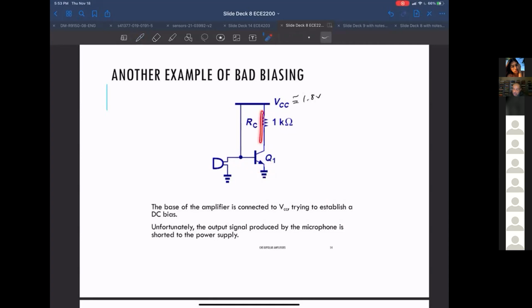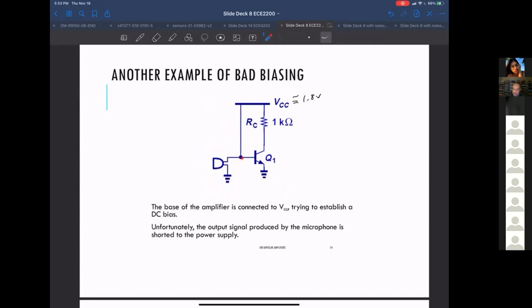So you're going to have a huge collector current. So you already have that problem. Even if you somehow didn't have that problem, all you're doing is shorting this input to a supply voltage, so the signal is just going to be shorted. So this is a non-starter, obviously.